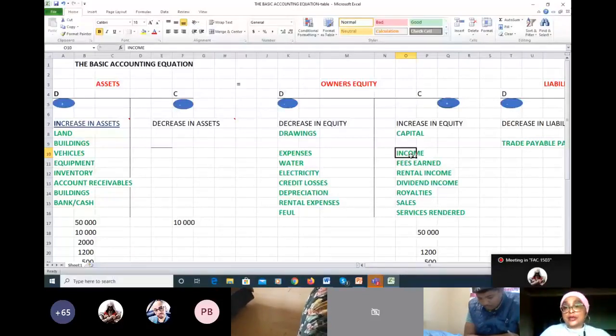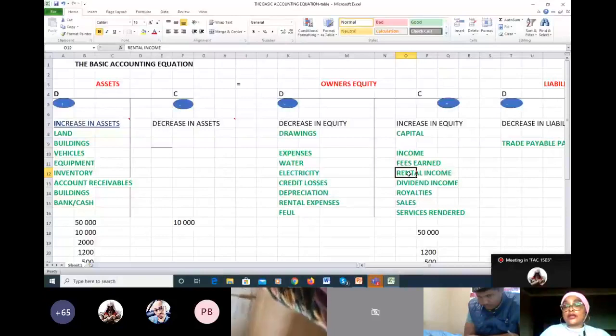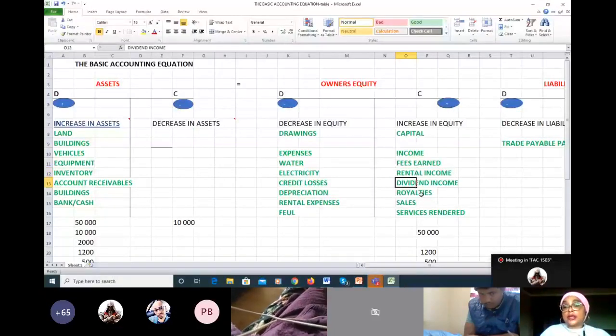It increases your equity. So you have income, you have fees earned, you have dividends, dividend income received, royalties. Everybody would know what royalties are. If you write books, you'll get your money in the form of royalties. Sales and services rendered. Services rendered is obviously only for service organizations.